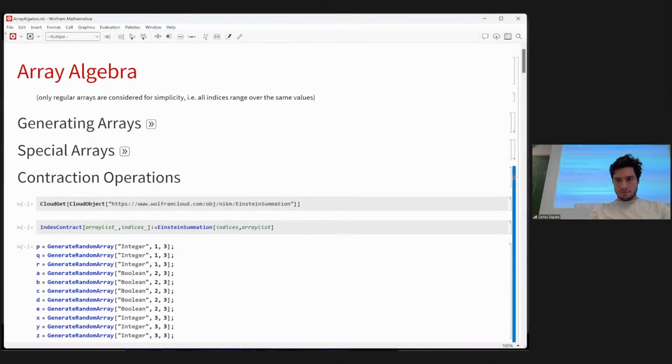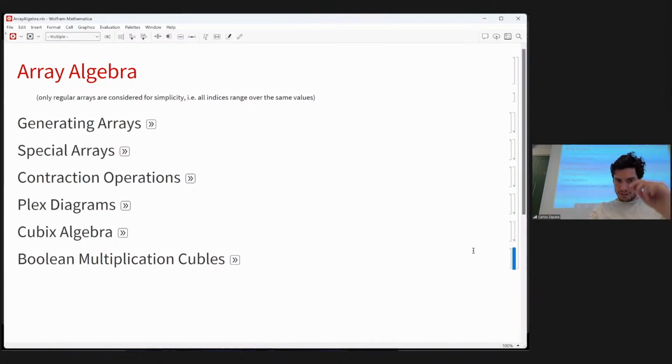Okay, so we have coded arrays. Arrays are the structure that we're looking at. It's very important that we distinguish what is a tensor and what is an array. An array, for me, is just a list of numbers.